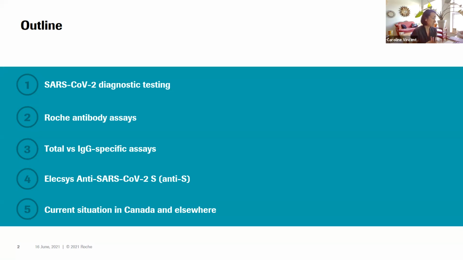I'm going to be covering different topics around antigen testing, including sharing the characteristics of our assays, and sharing some data that's been published, both in terms of antibody production after a natural infection, and now we're also interested in looking at antibody production after vaccination, now that the vaccines are being rolled out to a big part of the population.